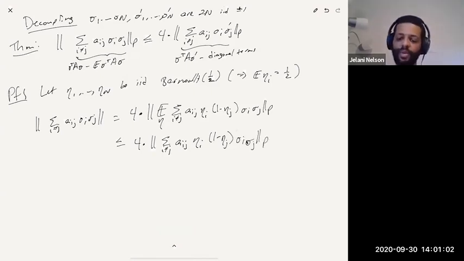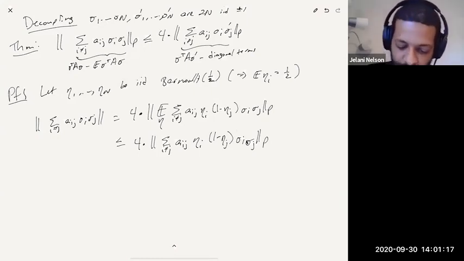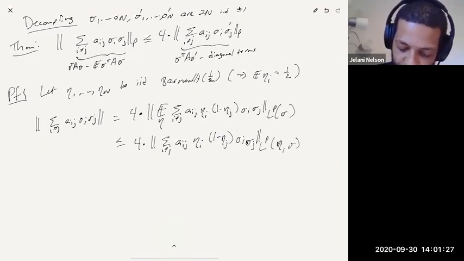Remember I told you what the definition of the p norm is? It's the expectation of blah raised to the pth power, all to the 1 over p. So this is the LP norm over the randomness of sigma, and here you're taking the expectation over both eta and sigma, of whatever to the p, all to the 1 over p.